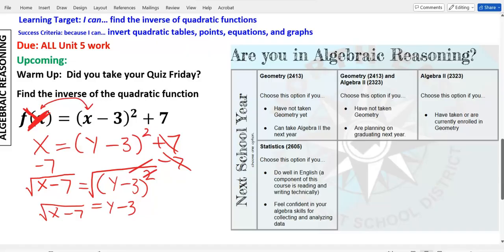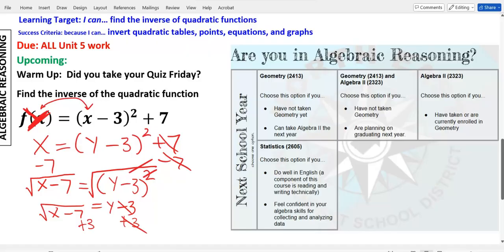And then you got one more step because y is not all by itself, is it? I got y minus 3 here, so I got to get rid of the -3. What's the opposite of -3? +3. And on this side, +3. So now we have y all by itself, which is what I wanted.